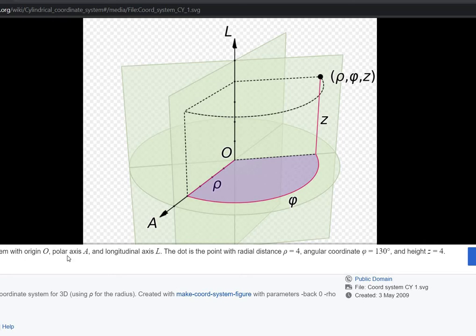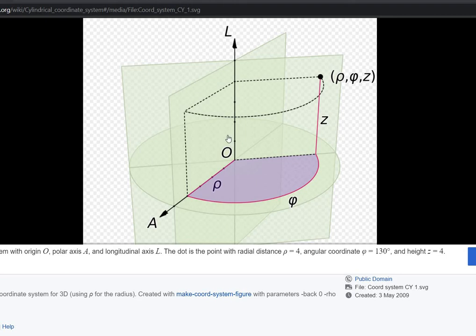So a point in a three-dimensional space can be represented in three ways. The first one is the rectangular coordinate system, next is the cylindrical coordinate system, and the last one is the spherical coordinate system.